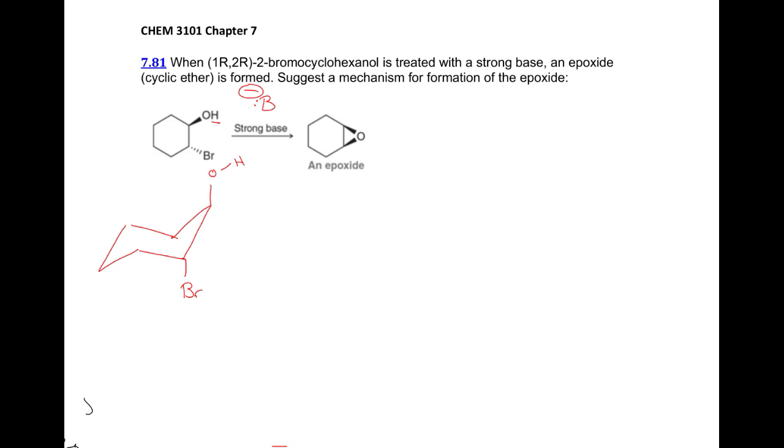And you would remember that in order for an elimination to occur, so this is kind of a substitution, and when I say elimination, I really mean a loss of a leaving group.